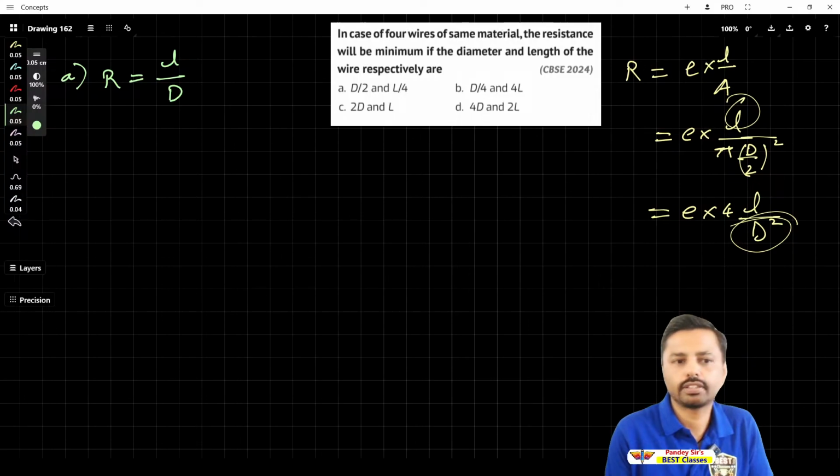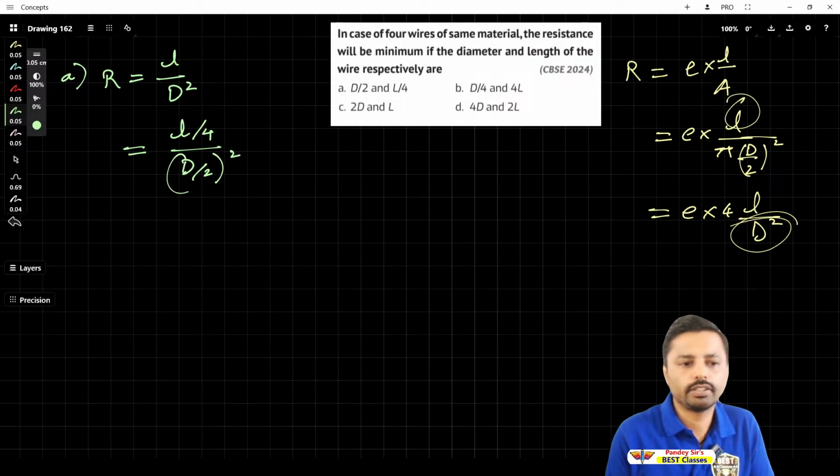In this, D becomes D by 2 and L is 4L. So 4L by D by 2 whole square.